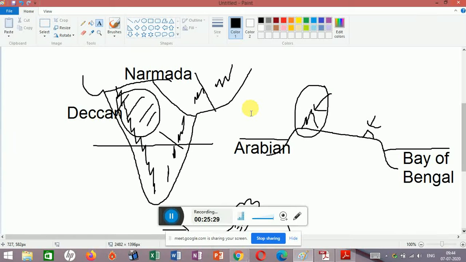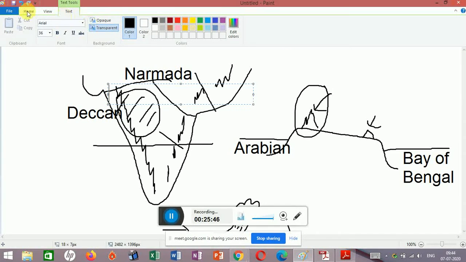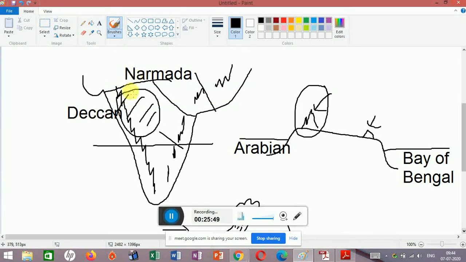So we learned that between 60 to 70 million years before present, Himalayan mountains were uplifted. During that time, there were so many volcanic eruptions here in this area, fissure eruptions.